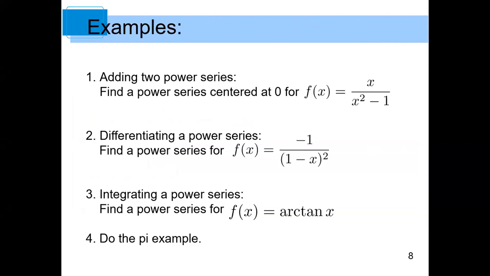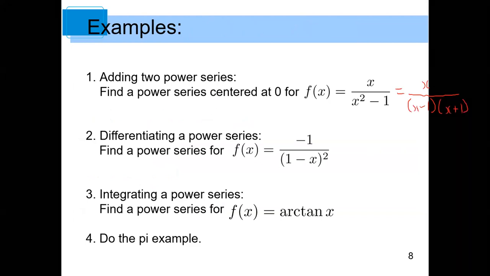One way that you could do a power series for this is to write it as x over (x minus 1)(x plus 1), and then do a partial fraction decomposition, and invoke the known power series for 1 over 1 minus x and 1 over 1 plus x. And you could add those two things together with whatever constants end up being involved. But that's not the only way to do this one.